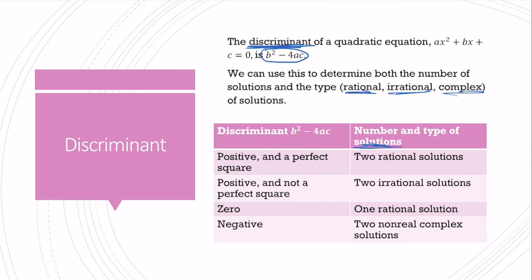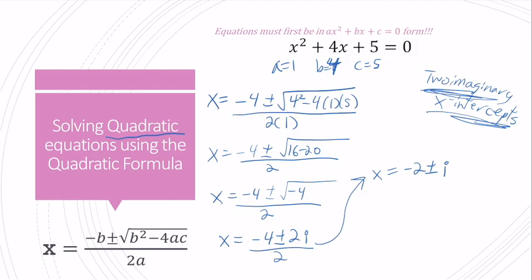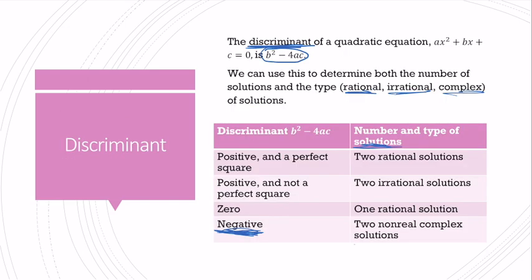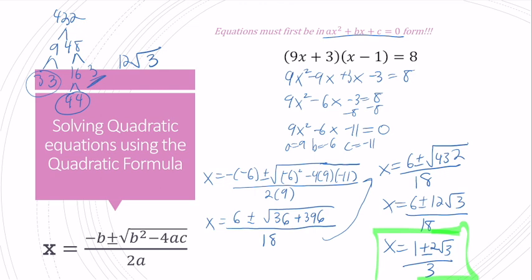So, for example, if I have a negative number as my discriminant, here our discriminant was negative 4, I'm going to get two complex solutions, two imaginary number solutions. If what's under the radical is 0, I'm going to have one rational solution. If it's positive and not a perfect square, we're going to have two irrational solutions, and we saw that. In this example, it's positive, but it's not a perfect square, so I got two irrational solutions.